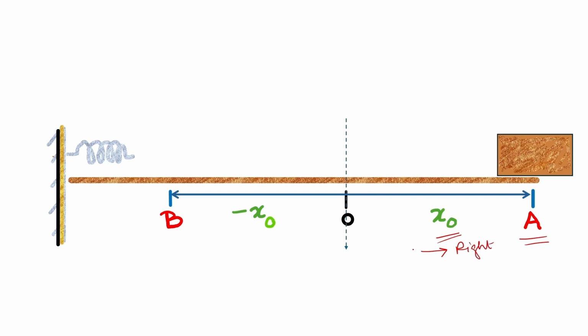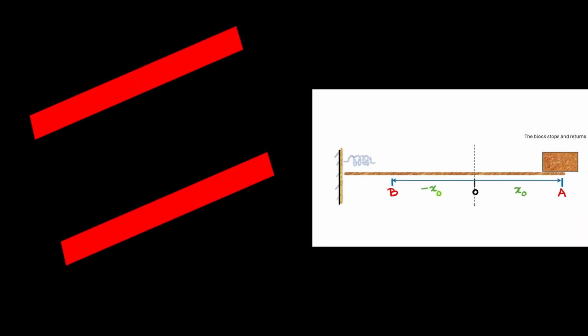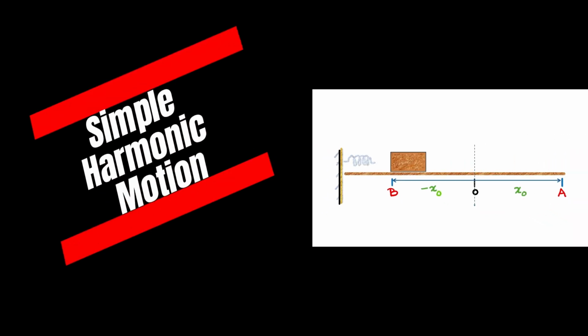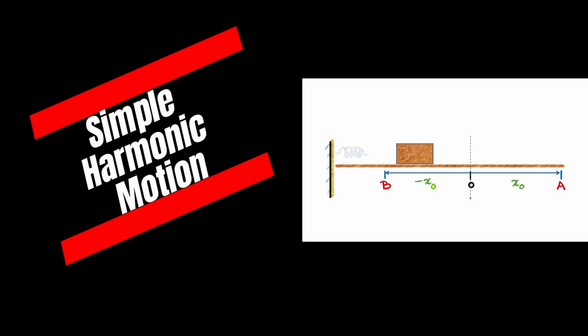At A, the block again stops and returns, and keeps on moving between B and A, time and again crossing O, which means that it is performing simple harmonic motion.